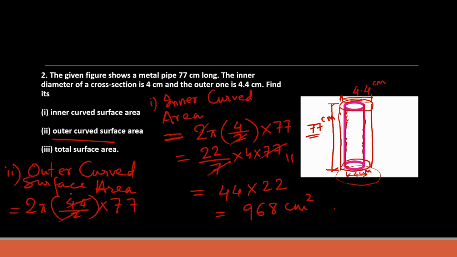So this will give us 2.2. So basically again we will get 22 by 7 times 2.2 times 77, right? So this will give us 11.